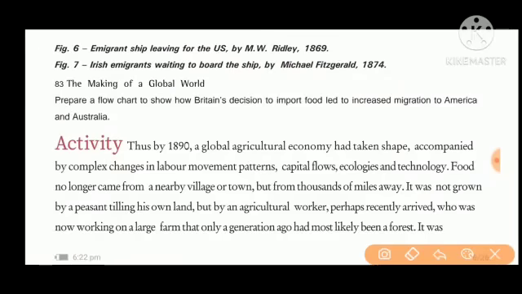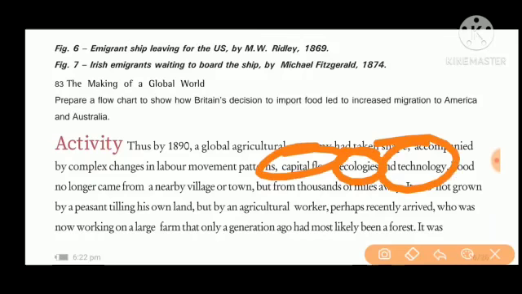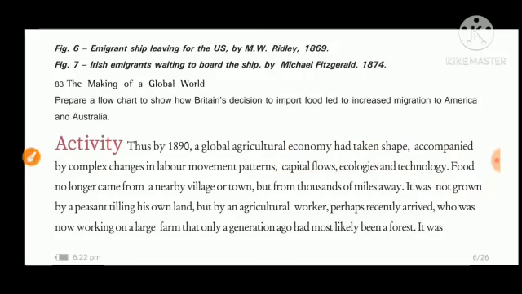Thus by 1900, a global agricultural economy had taken shape, accompanied by complex changes in labor movement patterns, capital flows, ecologies and technology. As I had told you, when migration is done by the laborers, they also take capital, ecologies and technologies with them. Food no longer came from a nearby village or town, but from thousands of miles away.